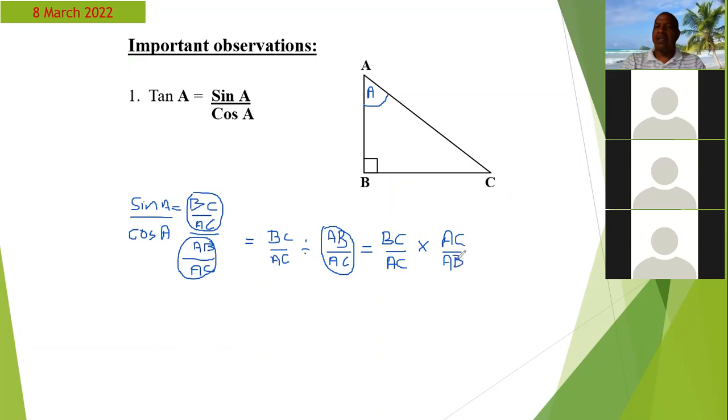And then what you can cancel, you cancel. We can easily cancel AC here with AC here. That leaves us with what we have in the numerator, so this would be 1 over that, over 1. We multiply the numerator, BC, by 1, we get BC. And then we multiply the denominator, 1 by AB, we get AB.